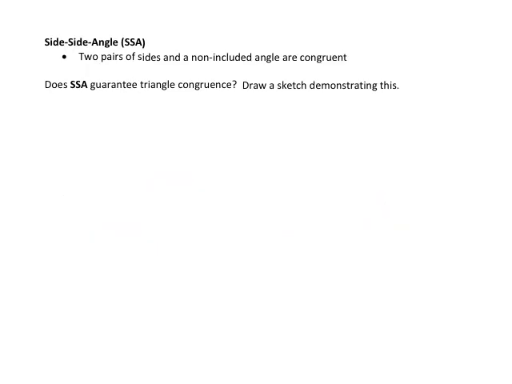So the other situation we have to be careful about is side-side angle. And that's when you have two pairs of sides and a non-included angle that are congruent. That is not sufficient to show that the triangles are congruent, because you can create more than one triangle with that, and I'm going to show you that in class. Let me demonstrate here. If I have an angle, and say this angle's locked, and this side length is locked, and the other side length is locked up here.